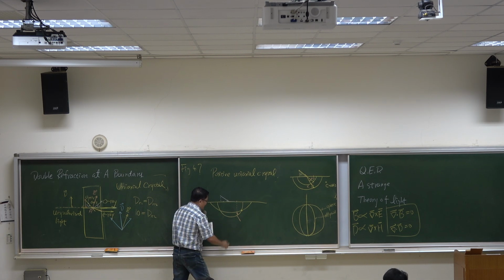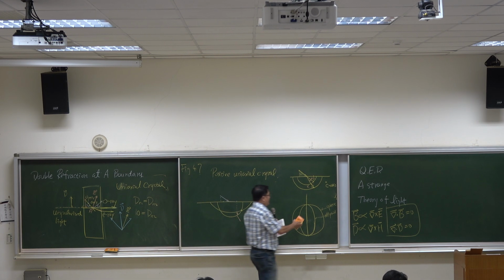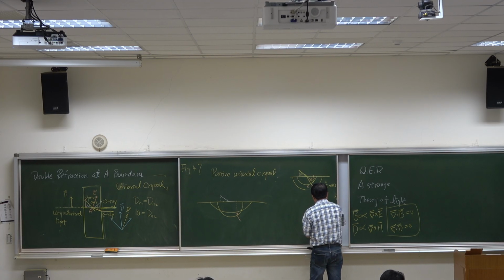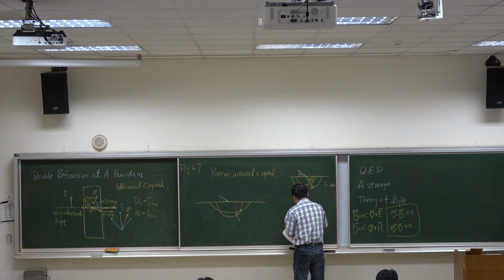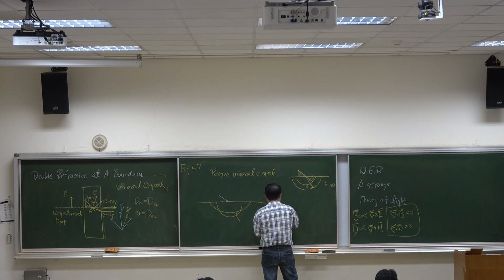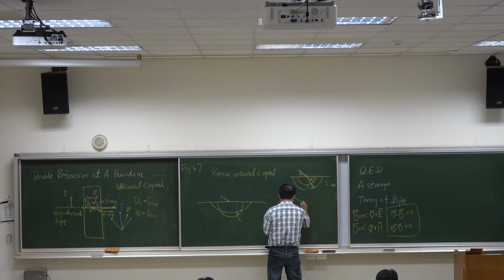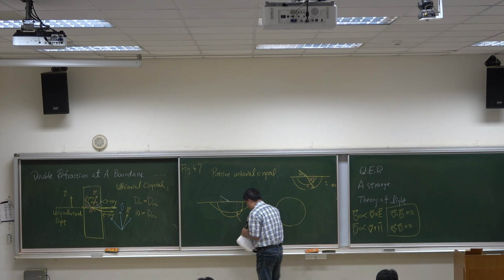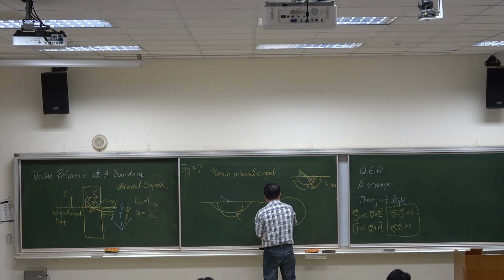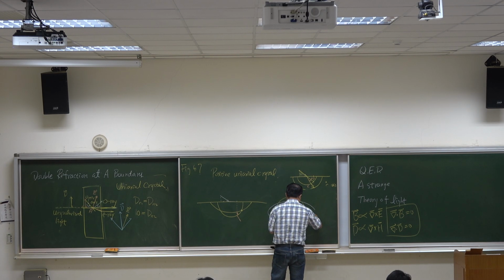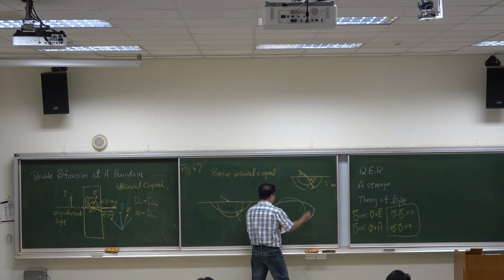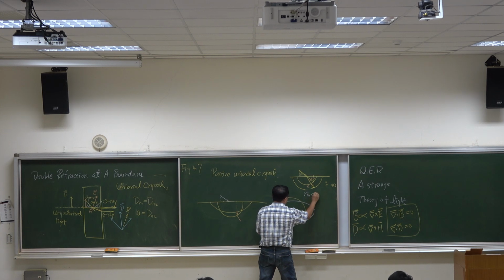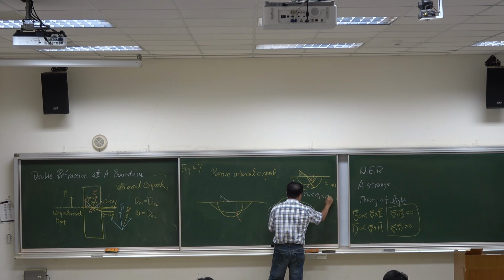We know that for biaxial crystal, the normal surface intersects with a coordinate plane. Suppose we assume nx is smaller than ny is smaller than nz.